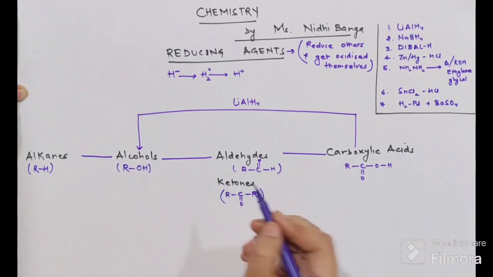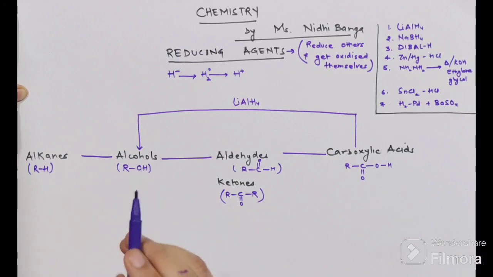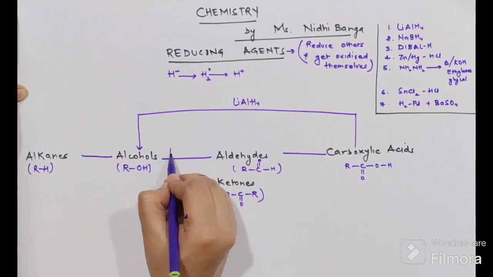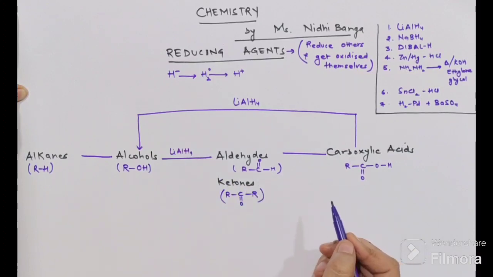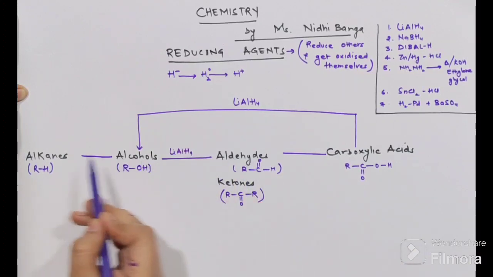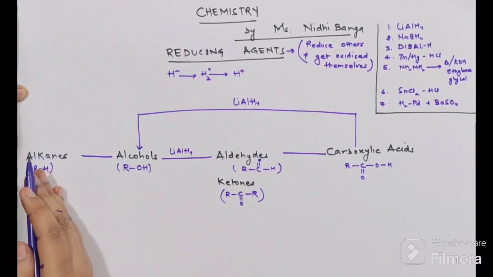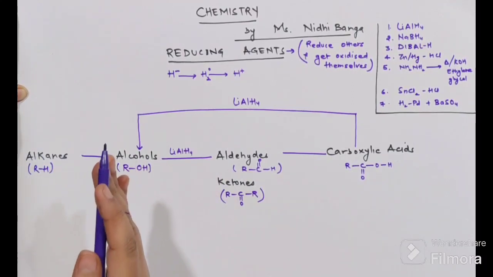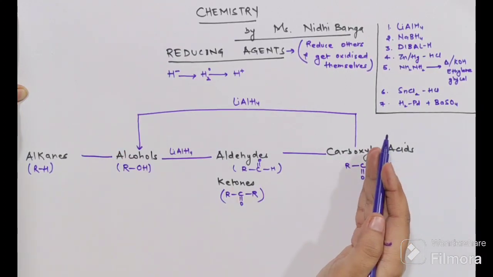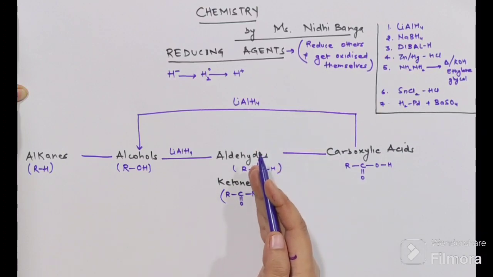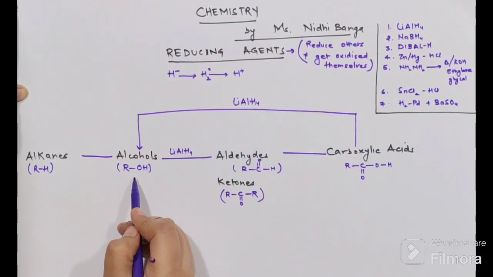If you want to convert aldehyde or ketones to alcohols, then also you can use lithium aluminum hydride, because regardless of the number of steps, it won't go beyond alcohol. It won't reduce alcohols to alkanes. Its limit is still alcohols. Whether carboxylic acids or aldehydes or ketones, lithium aluminum hydride will reduce them till alcohol only.